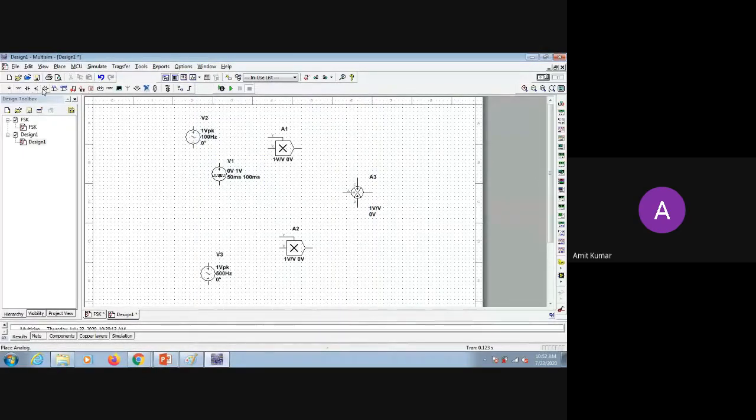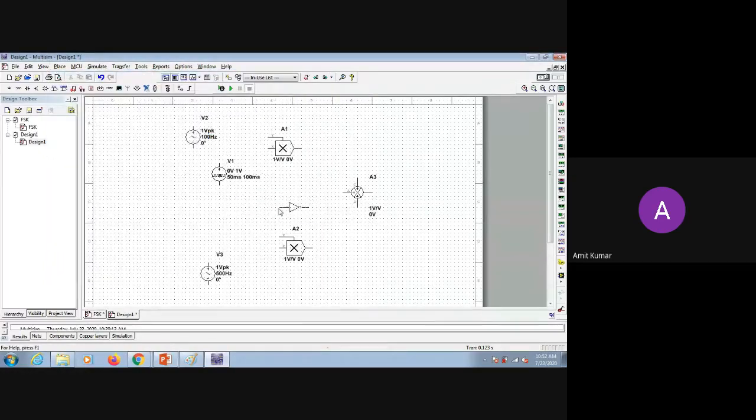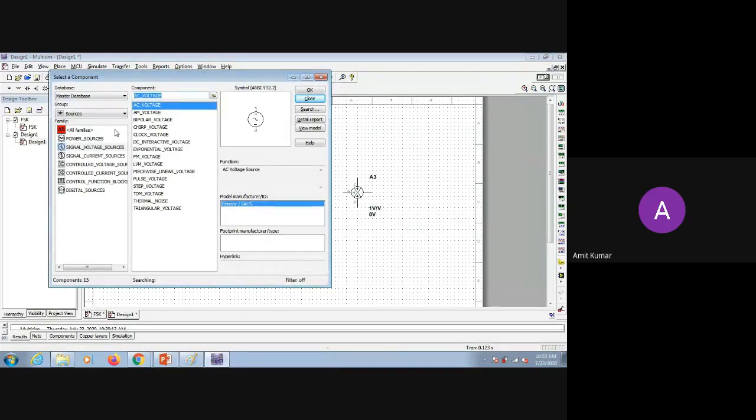We will take an inverter. This inverter will invert this digital data, and it will be placed at X, and the second will be multiplied here. Same way here, the first will be multiplied here, and this data without inverting will be applied here. We will take a ground.